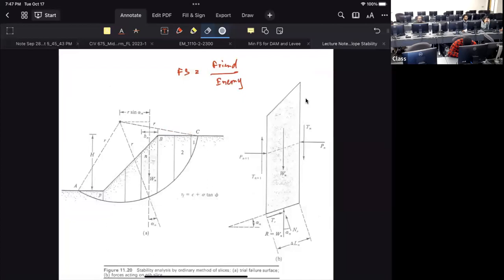Okay, that's a different thing, but the first thing is whenever you're bringing something on top of it, you're adding weight. If you're adding the weight, that's the problem for you, because it's going to push it. Whenever you have the weight, the slope has instability. It is trying to move, right? And when you add some extra weight on top of it, it will try to move more, right?